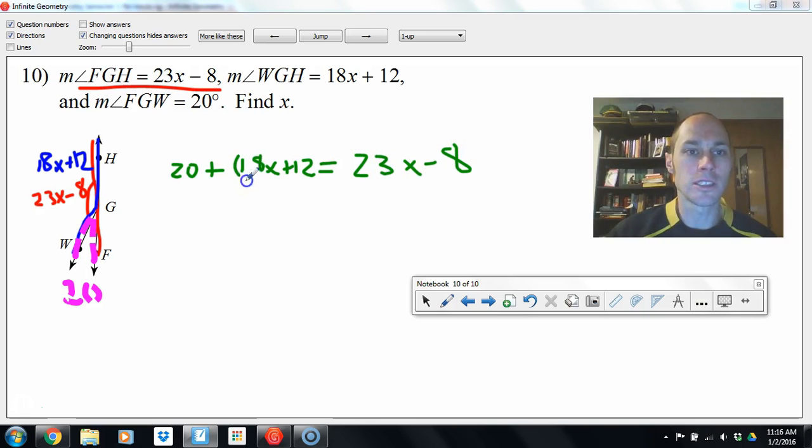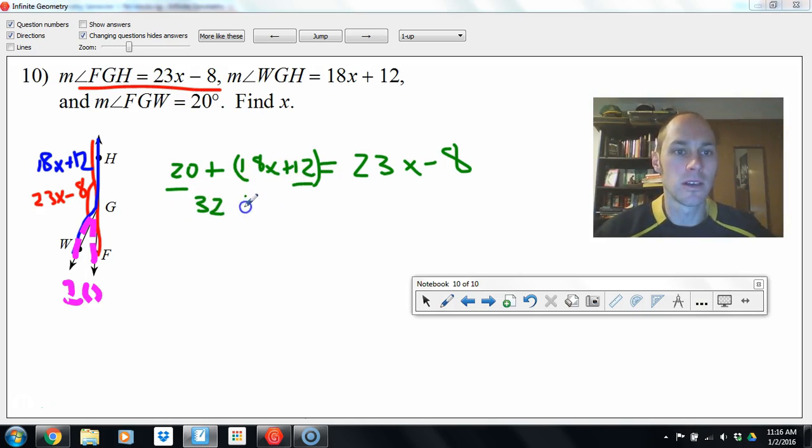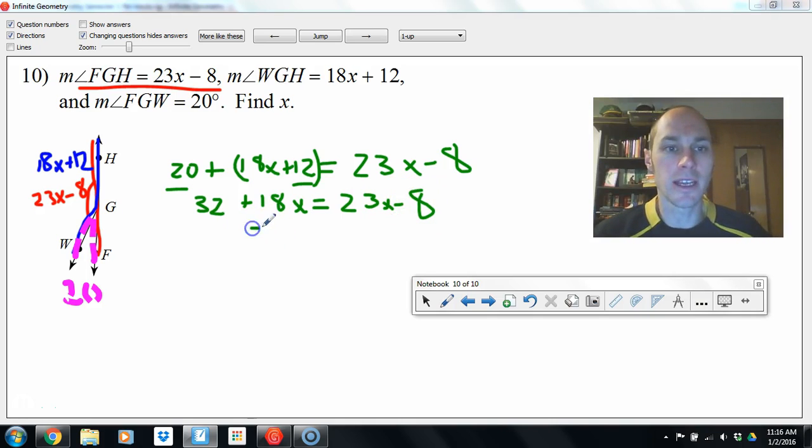Once we've got our equation set up, we just solve the equation. So combine like terms, 20 plus 12 is 32, plus 18x equals 23x minus 8. Get the x's alone on one side, so subtract 18x. And I get 5x minus 8 on the right side.